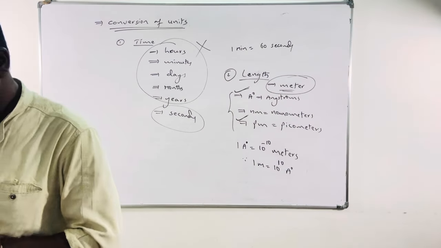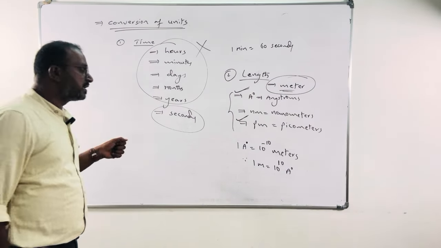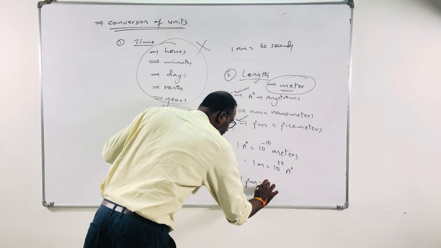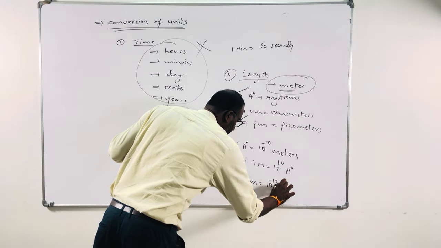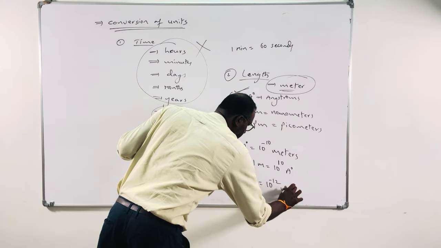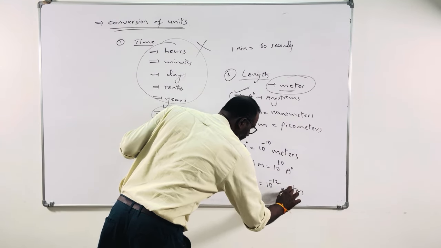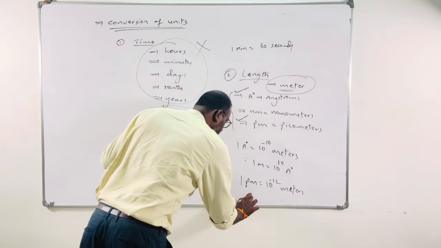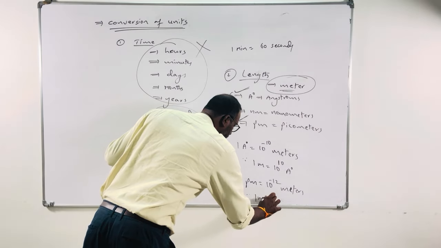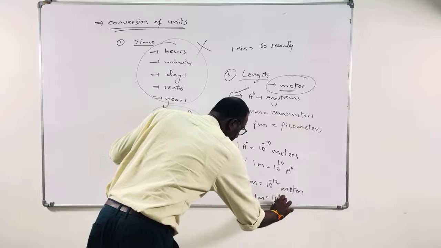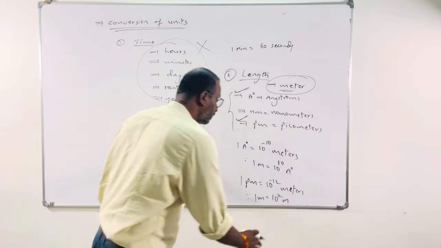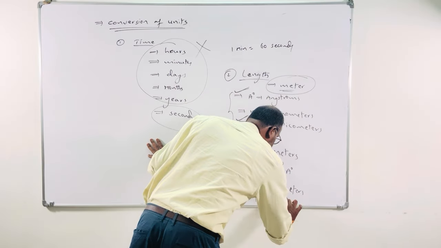And 1 picometer equals 10 power of minus 12 meters. Why? Because 1 meter equals 10 power of 12 picometers.